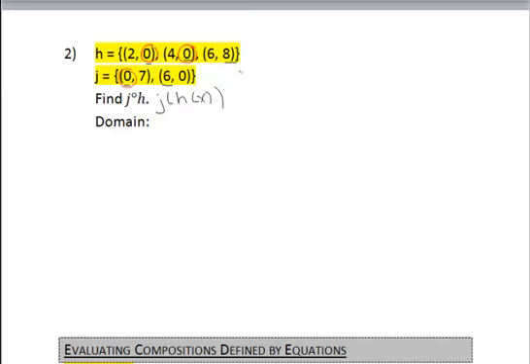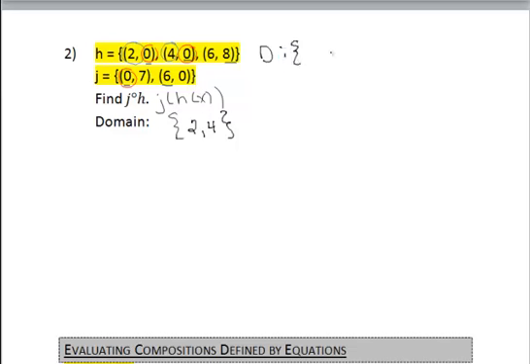Wherever those match, you look back at the x values that correspond to those y values. So it looks like we're going to have a domain of just 2 and 4. That's what it looks like to me. If you're not really sure, go ahead and find the domain of the inside function.